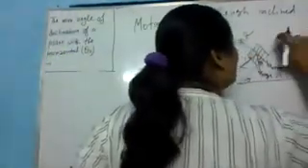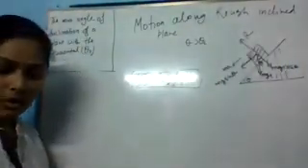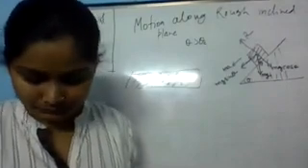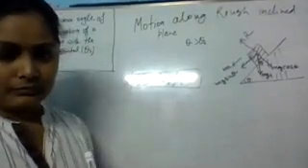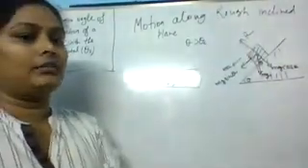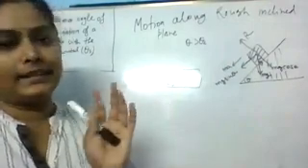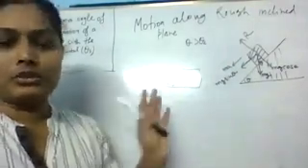Now tell me which friction we will use here, static friction or kinetic friction? Because we are already taking this angle greater than the angle of repose and the motion is already going on.